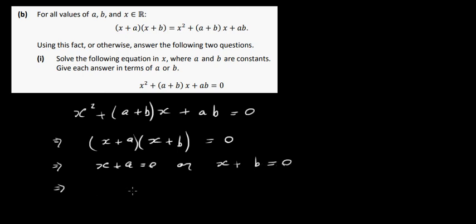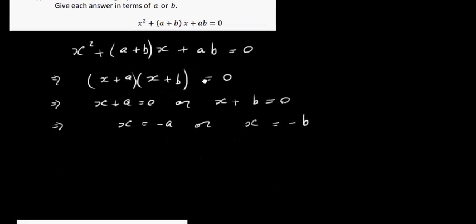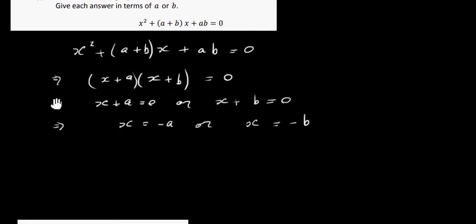So solving these two then, subtract a from this side, you get 0. Subtract a from the other side, you get minus a. Or subtract b from this side, you get just left with x. Subtract b from this side, you get minus b. So our two answers are x is equal to minus a, or x is equal to minus b.